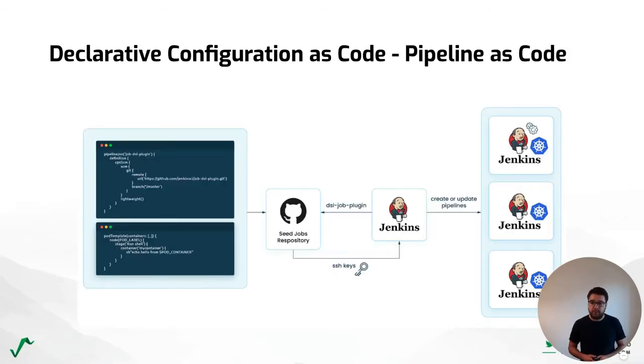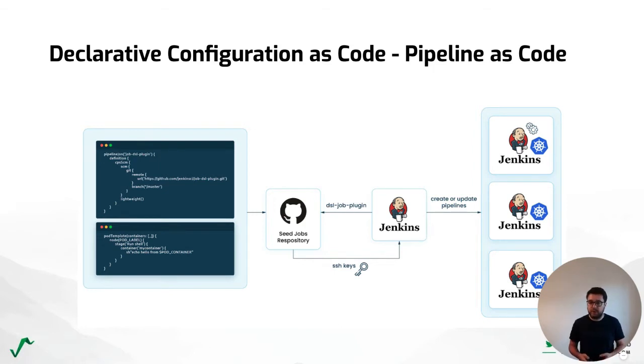So if we look deeper at this diagram, it shows an overview of the entire pipeline as code workflow. On the left-hand side, we have the definition of the pipeline with the actual pipeline below with some automation logic. Everything is versioned in a Git repository.